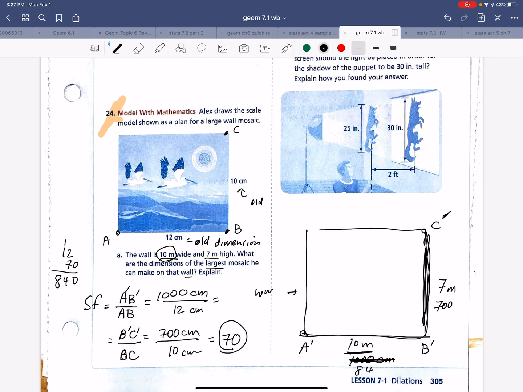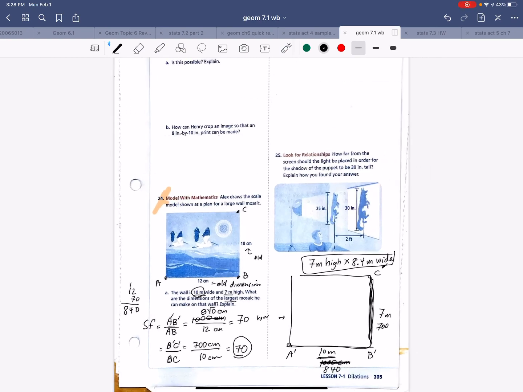So 840. This would be 840 centimeters. Over 12 would be 70. So it won't take up the whole wall. So what is the largest? So the largest would be 7 meters high by 8.4 meters wide.